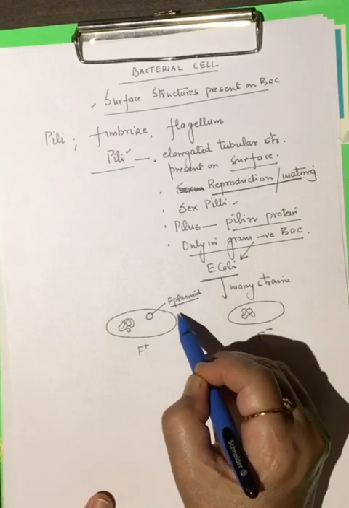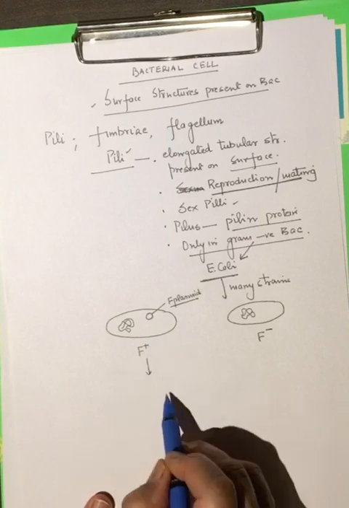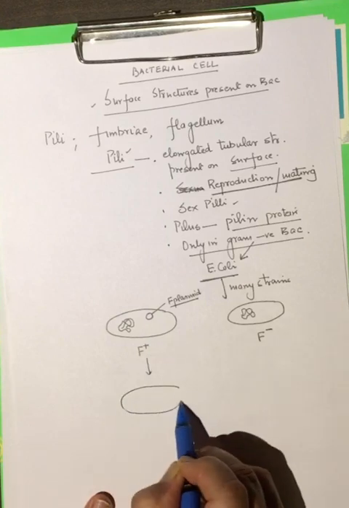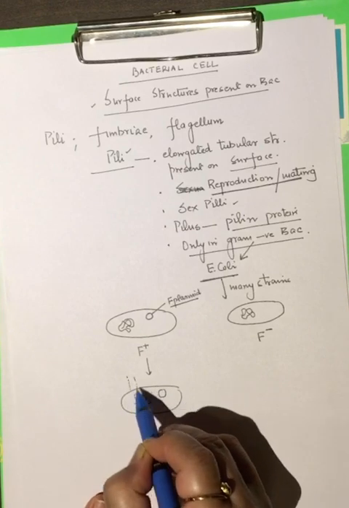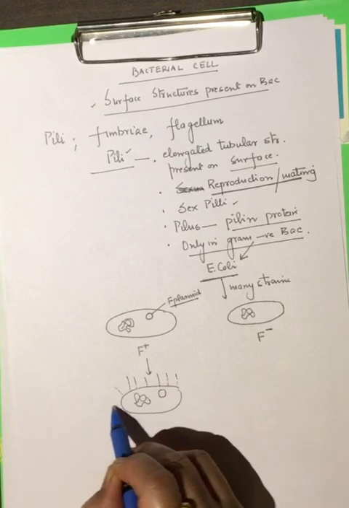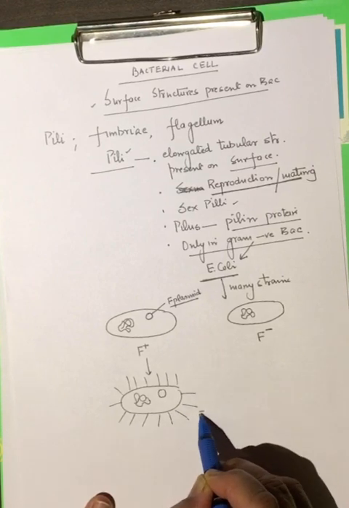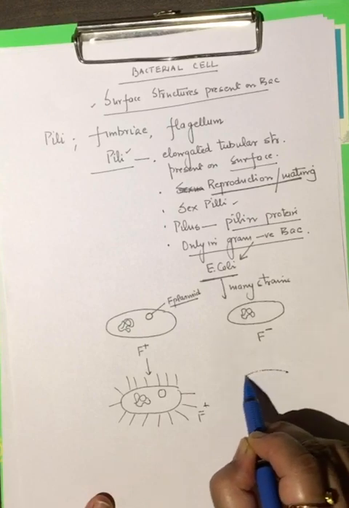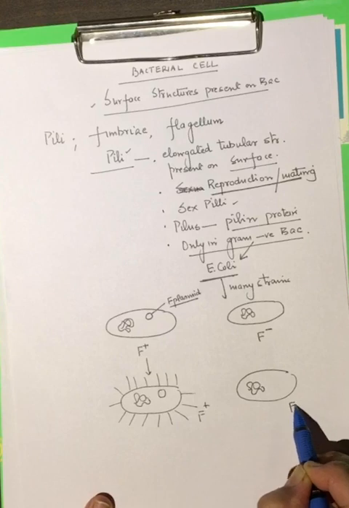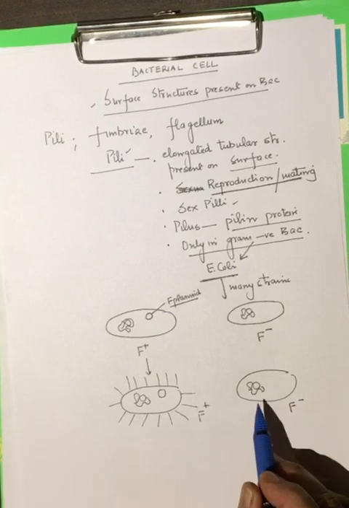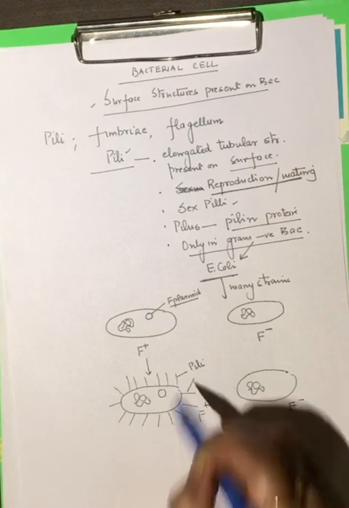So these E. coli with F plasmid have pili, these are my F plus, and the F minus E. coli strains do not have the pili.